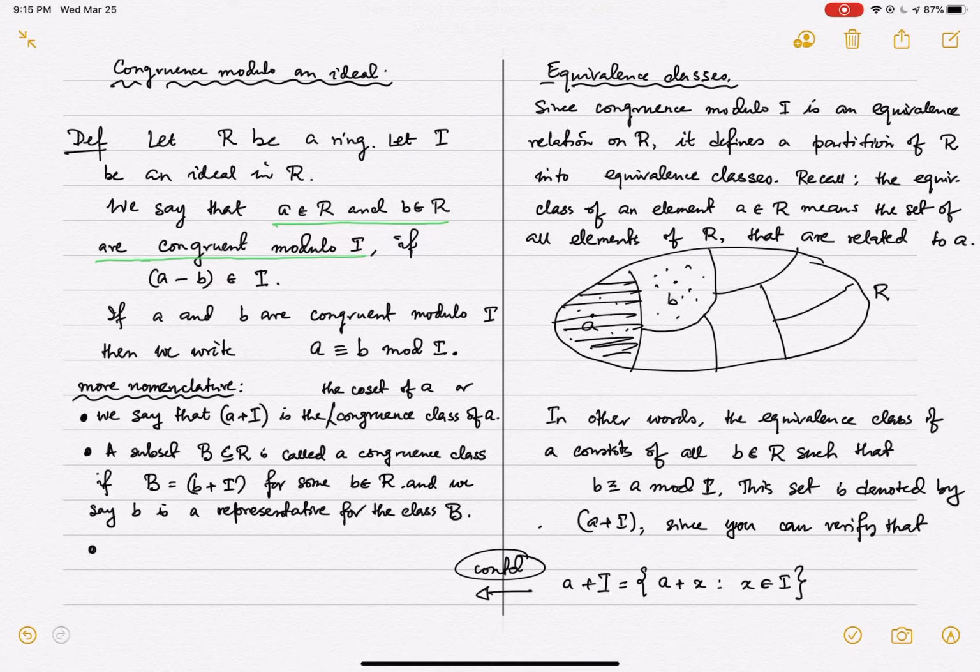But I want you to notice simply that a congruence class can have many representatives. And this is a source of a lot of confusion, so just be aware of that.